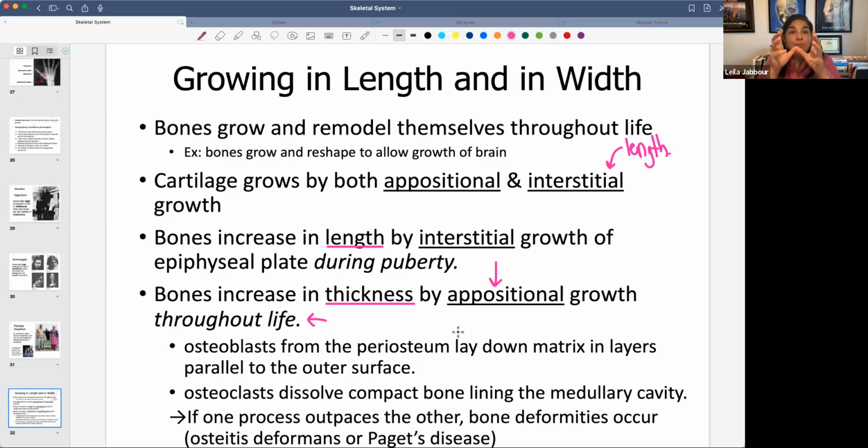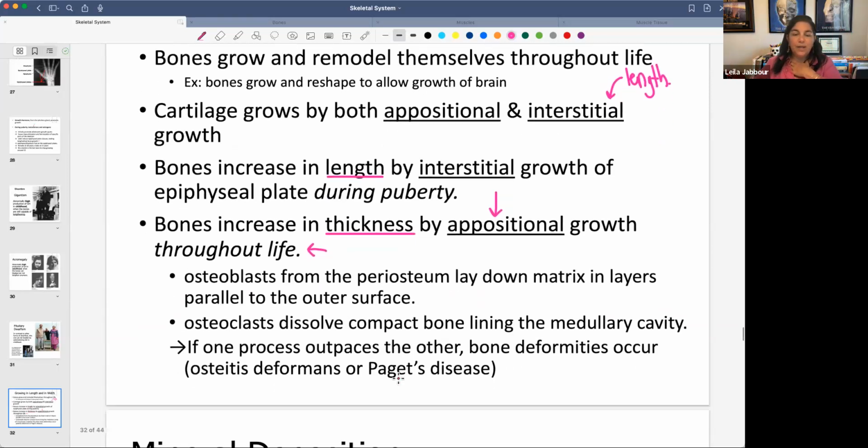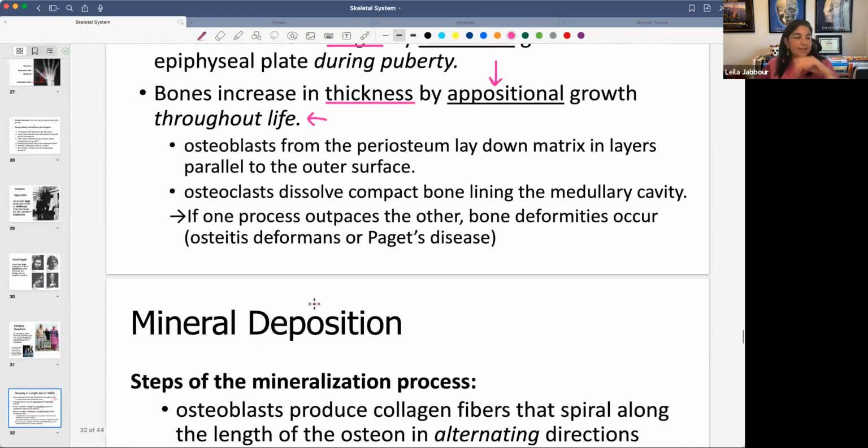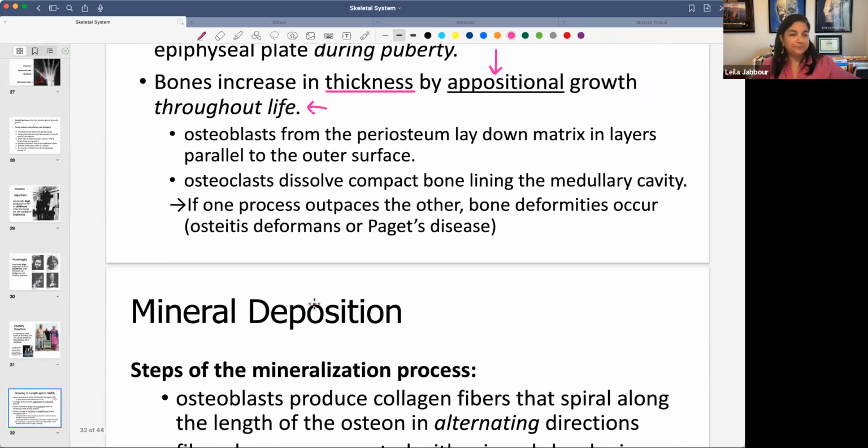So if the bone needs more bone tissue, these osteogenic cells are ready in a pinch to just kick in and create bone tissue in the thickness of the bone. So the bone will start growing in thickness as opposed to in length. And of course, you have osteoclast activity always, just to make sure that the process is exactly what it's supposed to be.